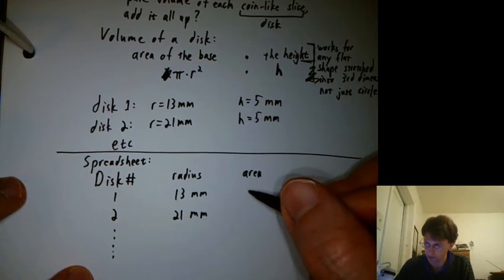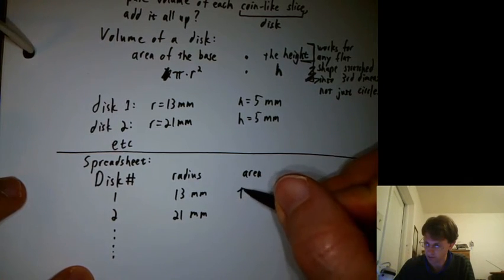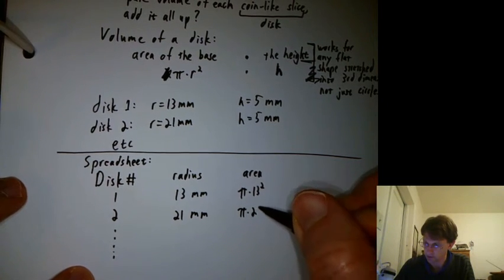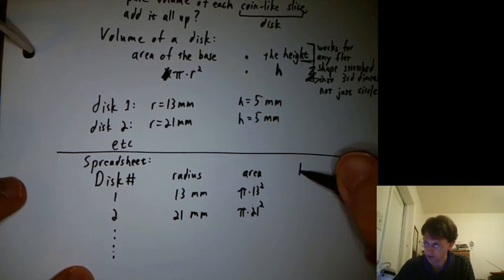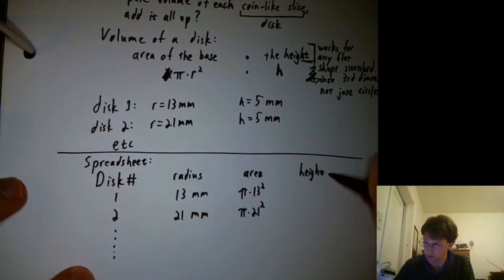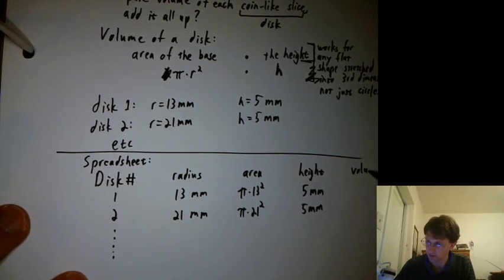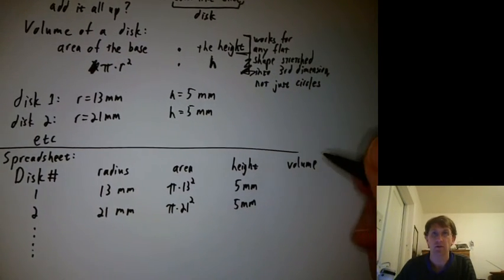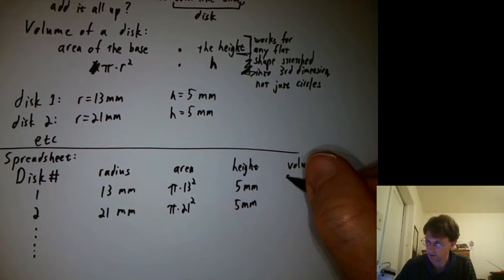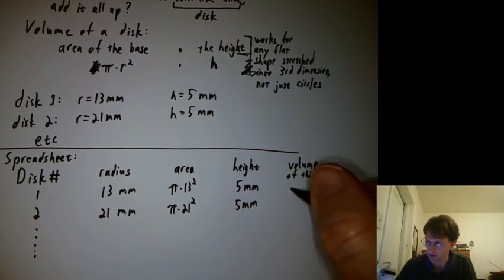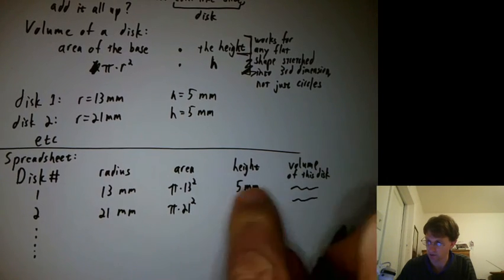So then we'll have the area, which would be pi times 13 squared, pi times 21 squared, and then we'll have the height, which was 5 millimeters, then we have the volume of this disk, and whatever, just multiplying those two.